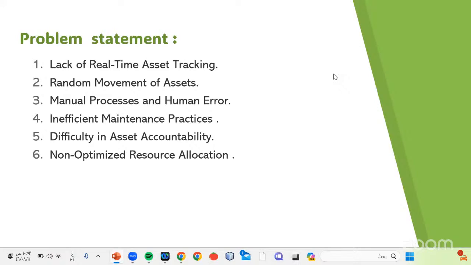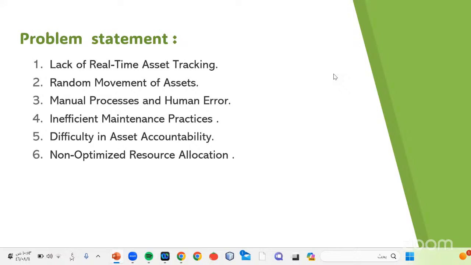Manual processes and human error are another problem we may face. Inefficient maintenance: without a structured tracking system, maintenance can be reactive rather than proactive, leading to unexpected breakdowns.